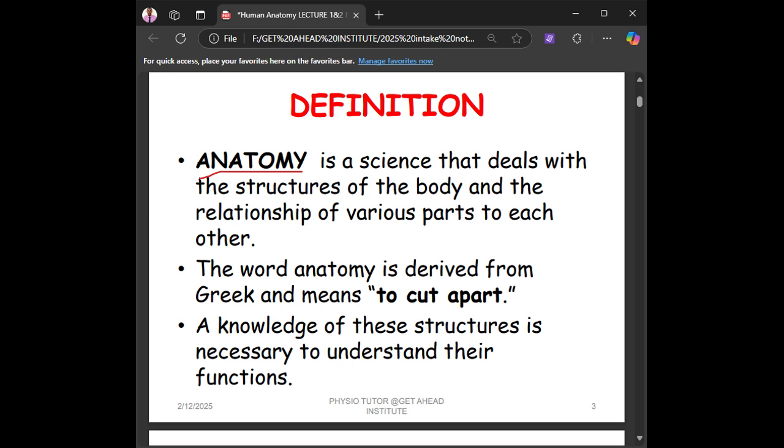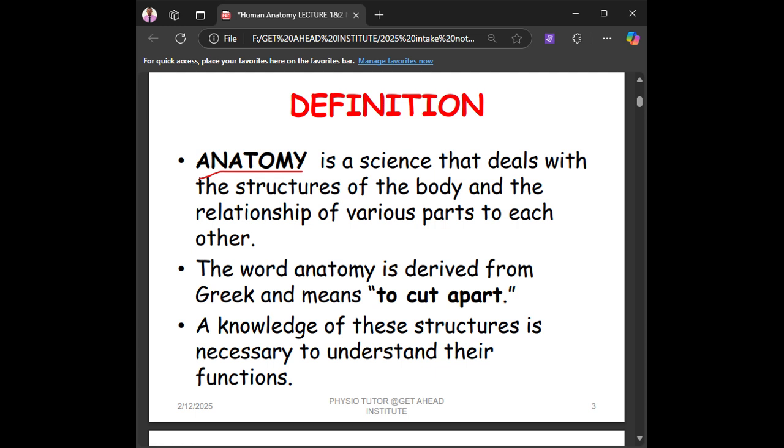It does not only study a single structure, but it will also take into consideration the other structures that are related to that particular structure. So for the stomach, you also take into consideration the structures that are anterior to the stomach and the structures that are posterior to the stomach.